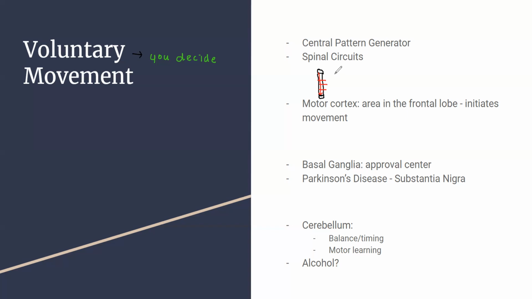Why spinal circuits are important is that they are responsible for the majority of the communication. They're like your communication highway. They relay information to the brain and they send out information from the brain. So they're like highways almost. Let's write that. Highways.